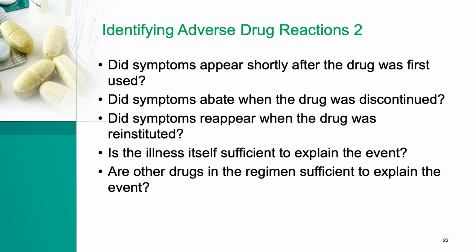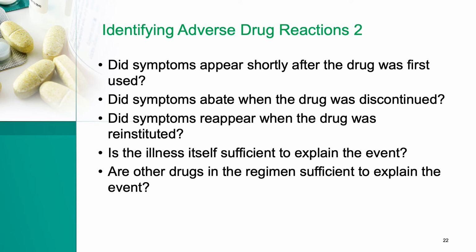Here are some questions to ask yourself when you are considering if a symptom is an adverse drug reaction. Did the symptoms appear shortly after the drug was first used? Typically, symptoms do occur shortly after the drug was first used, but not always. Do symptoms abate when the drug is discontinued?